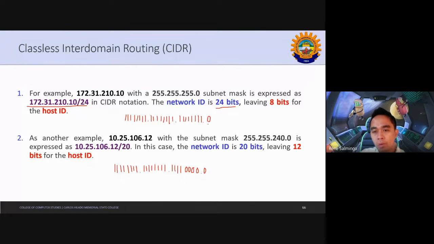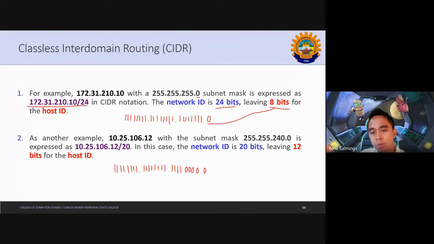And take note, you have 8 bits host ID. This is your 8-bit host ID. And the number of zeros is always the number of your host ID bits.